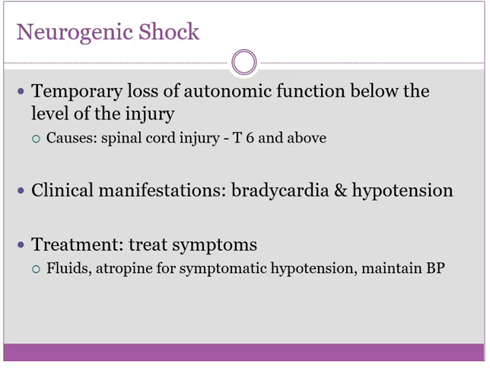And our treatments are to give them fluids. We give them atropine for their symptomatic hypotension and the bradycardia, and we need to maintain their blood pressure, which means we may do dopamine that will help increase their heart rate.